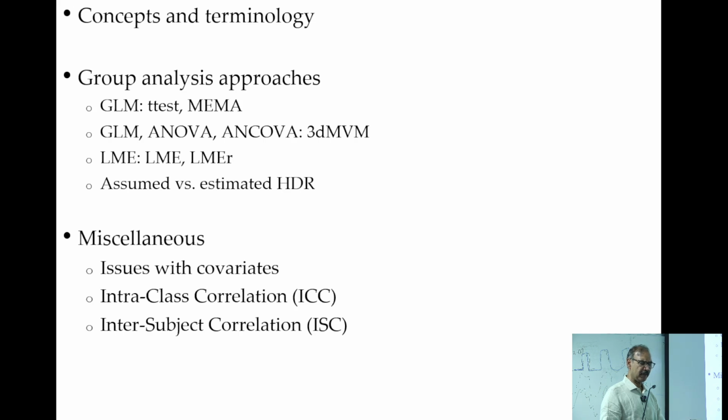And then there are also issues with covariates, how many to use, which ones should be of interest, which ones should not be of interest. And then for other kinds of analysis, like movie watching, and to compare different measures, the intraclass correlation coefficient is used.